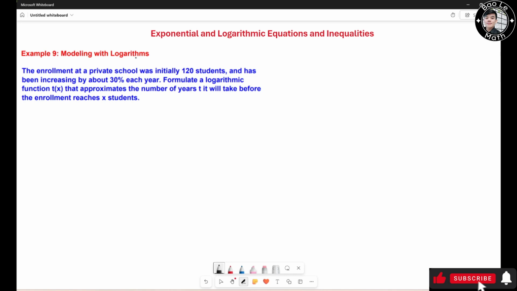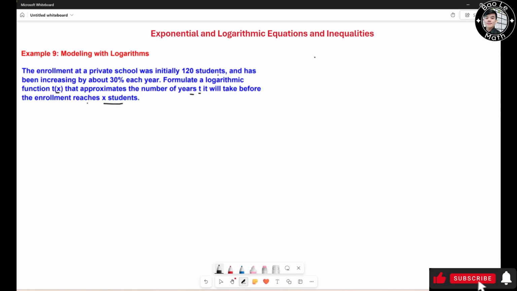Modeling with logarithmic equations. The enrollment at the private school was initially 120 students and has been increasing by about 30% each year. Formulate a logarithmic function t of s that approximates the number of years t it will take before the enrollment reaches s students.